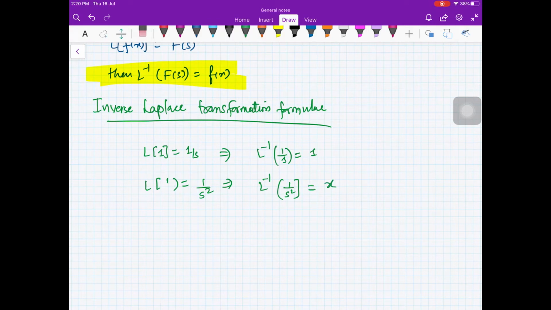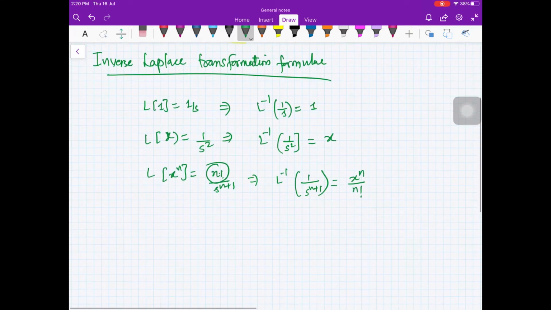Then you had L of x raised to power n was n factorial upon s raised to power n plus 1. Therefore, L inverse of 1 by s raised to power n plus 1, because n factorial is a constant, so you can take it on the other side, is x raised to power n upon n factorial, right?